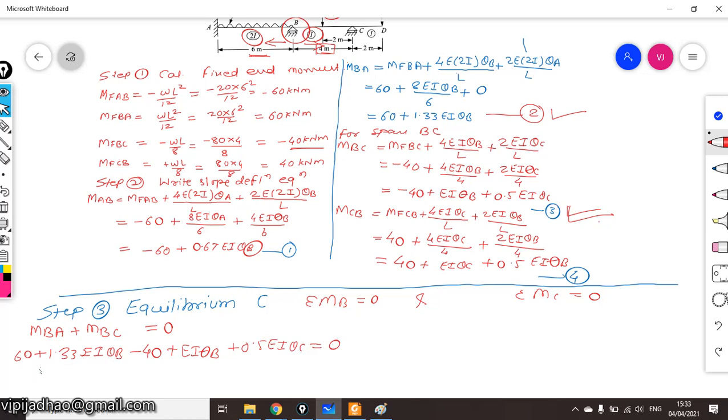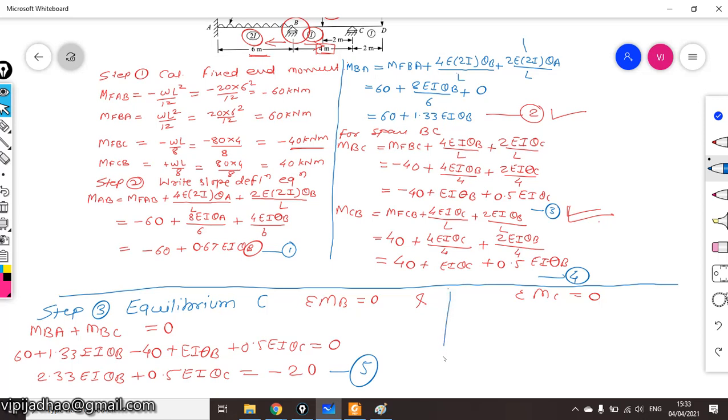Simplifying, we get 2.33 EI theta B plus 0.5 EI theta C equal to, taking 60 and minus 40 to the right hand side, minus 20. Consider this as equation number 5.